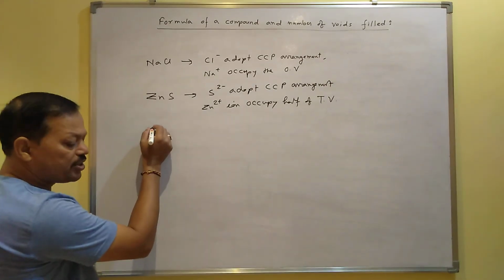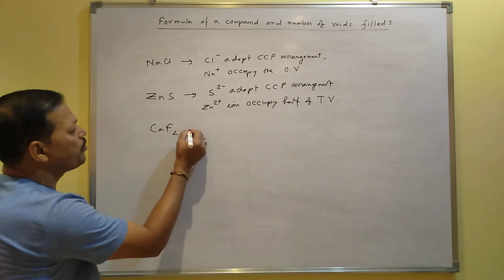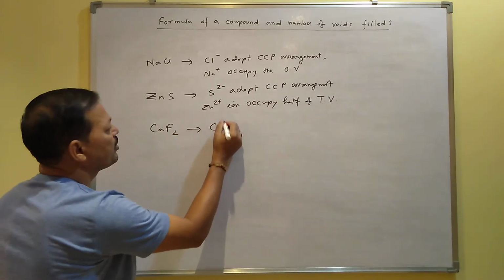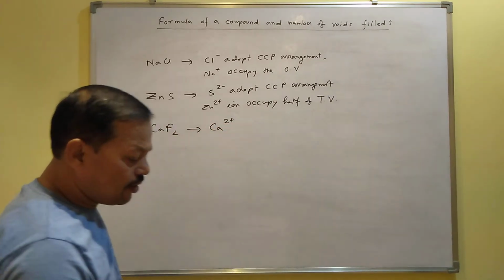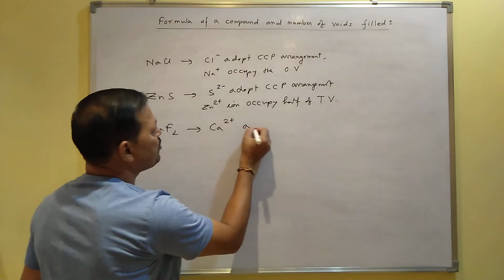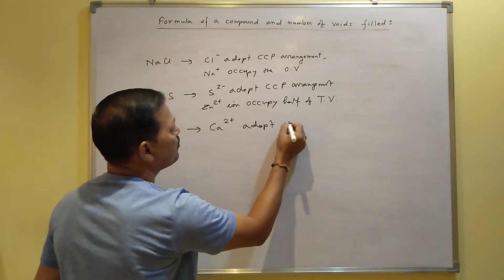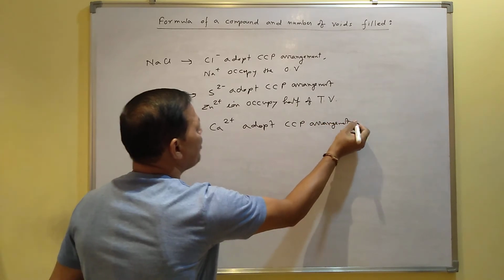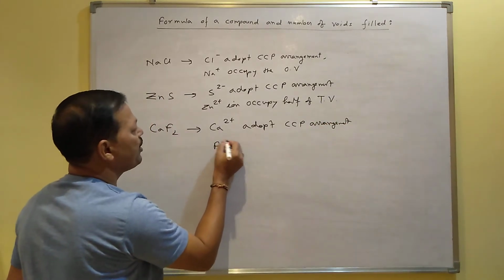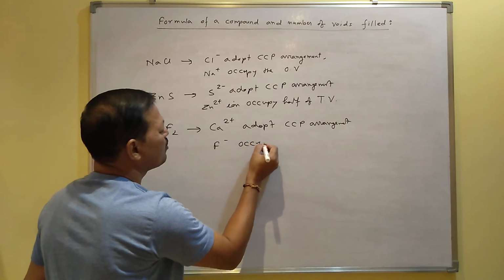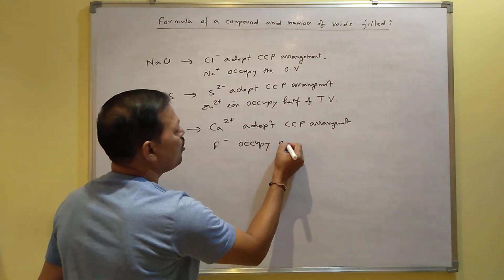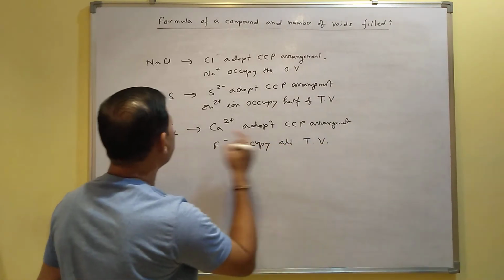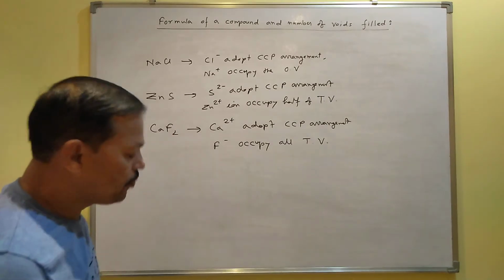If you consider the calcium fluoride structure, CaF2, calcium ions adopt CCP arrangement, I mean FCC, and fluoride ions occupy all tetrahedral voids. That's why the ratio is 1:2.